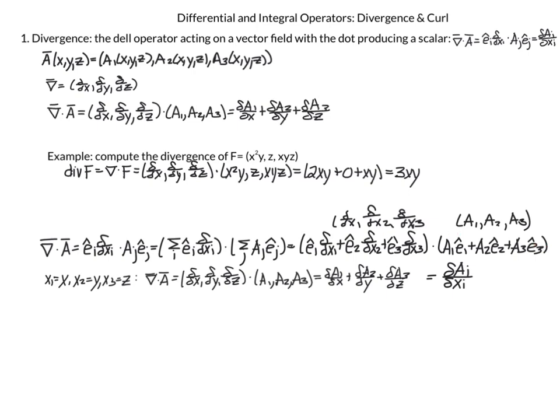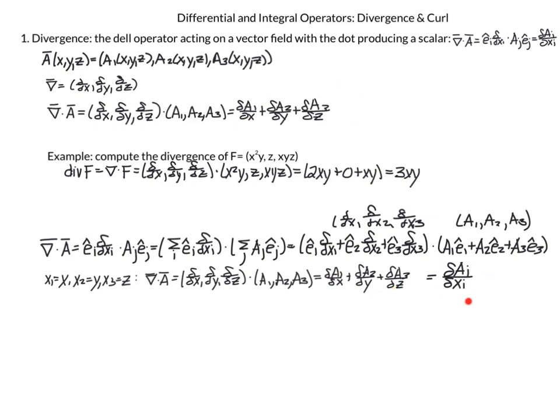The other step I did is I let x1 equal to the x coordinate, x2 equal to the y, and x3 equal to z, because that's what I'm used to seeing. So then my dot product of del dot A becomes my d dx, d dy, d dz, and over here I have A1, A2, A3, and then I get exactly what we have over here.